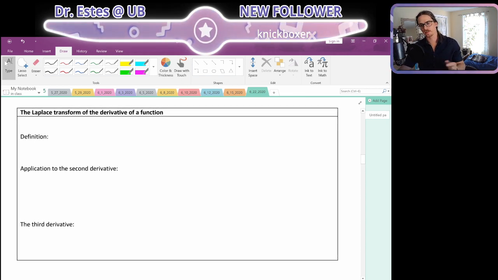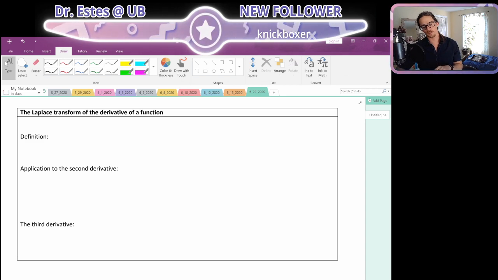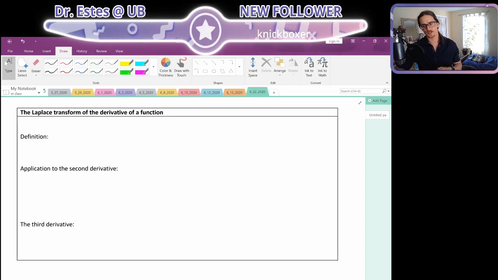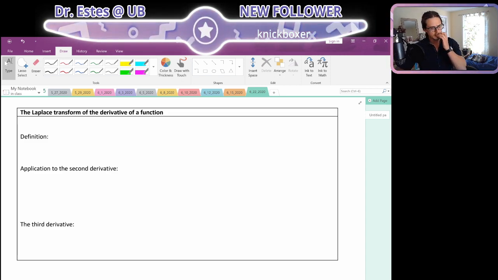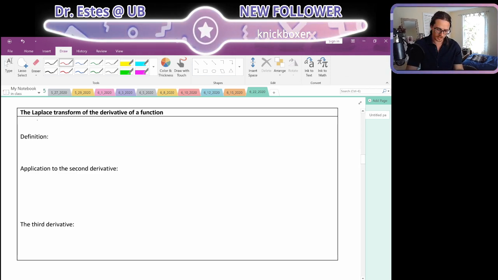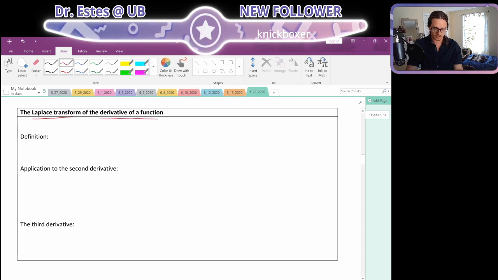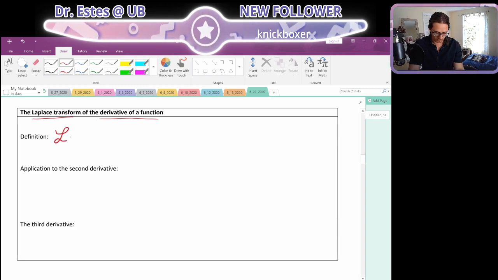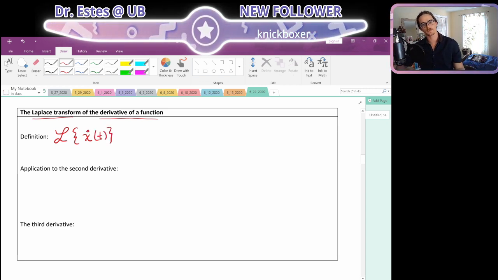But this is where the Laplace transform gets very useful. It goes back to one of the points I made at the very beginning, that if you take the Laplace transform of a differential equation, it turns it into an algebraic equation. So let's start by taking the Laplace transform of the derivative of a function. We're going to take the Laplace transform of the first derivative of some function of time x.